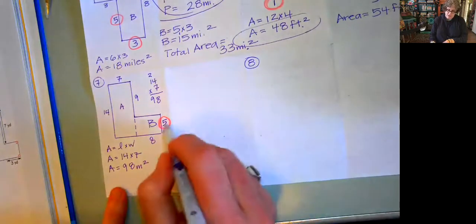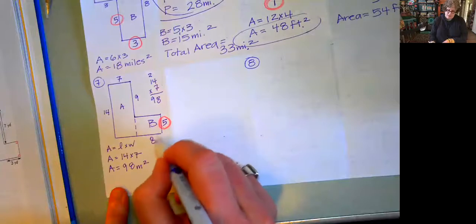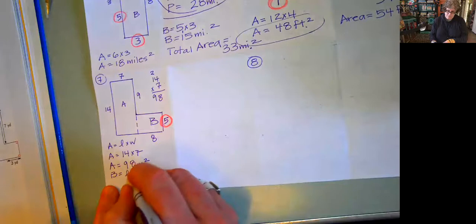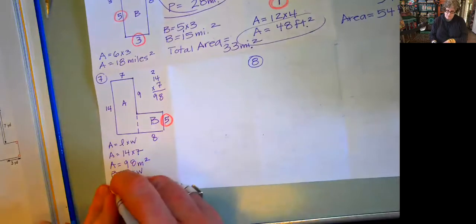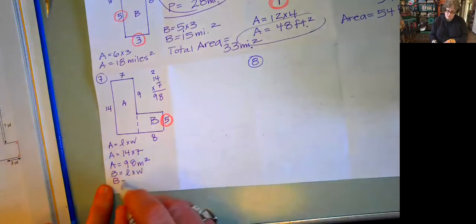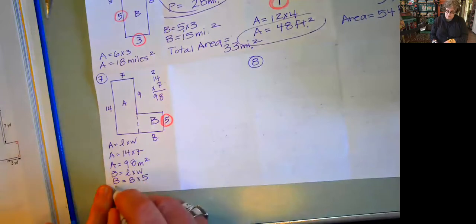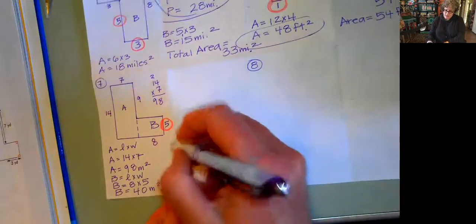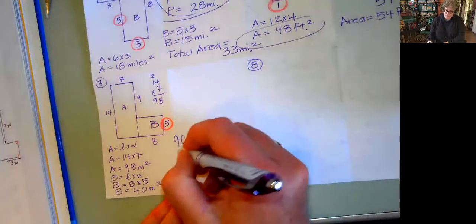And now all I need to do is multiply 8 times 5 to get the area of B. So I'm going to add 90 plus 48.